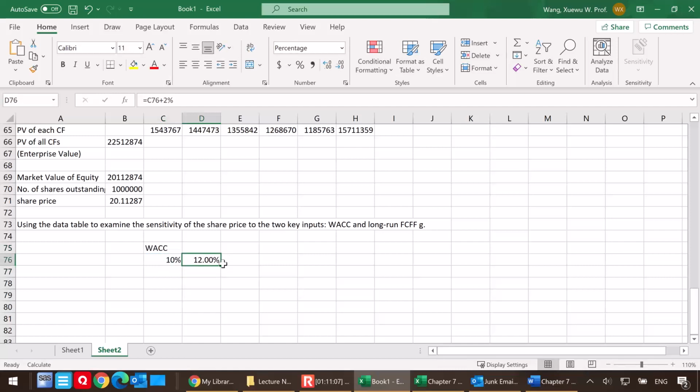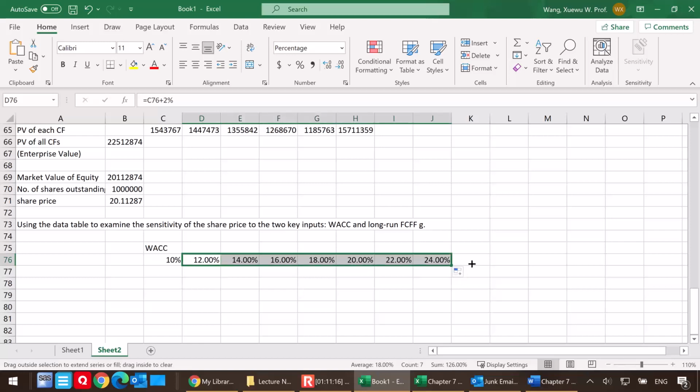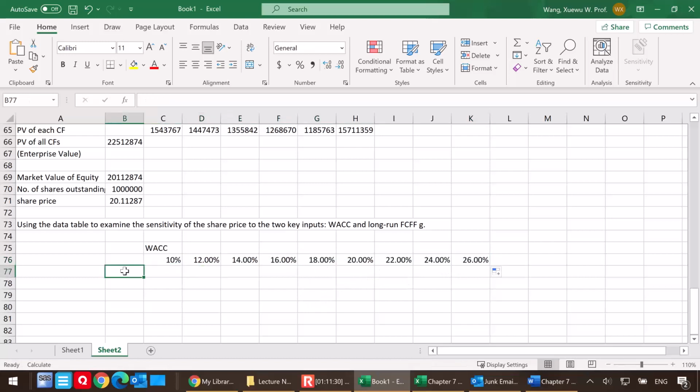In the real world, a 2% increase might be too large. I'm going to go all the way to 26%. Again, this is for illustration. In the real world, you would have to justify why you think the WACC could be as low as 10 or as high as 26. That's a very large interval.